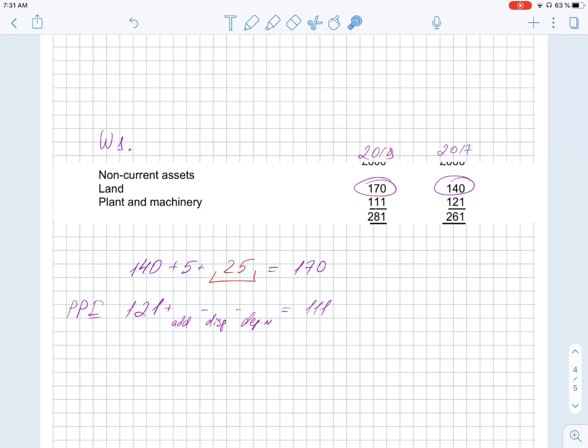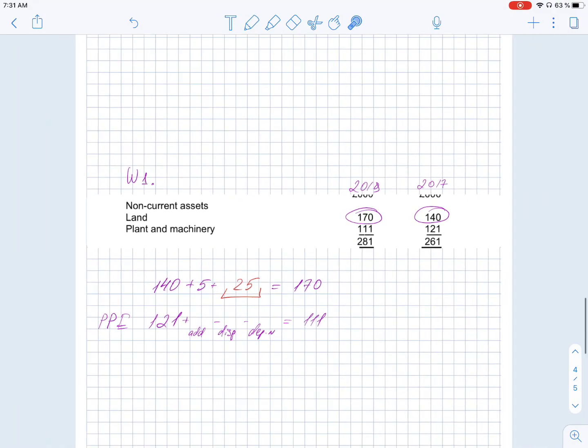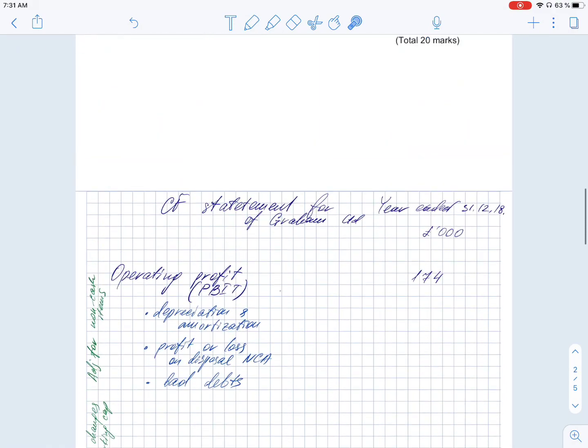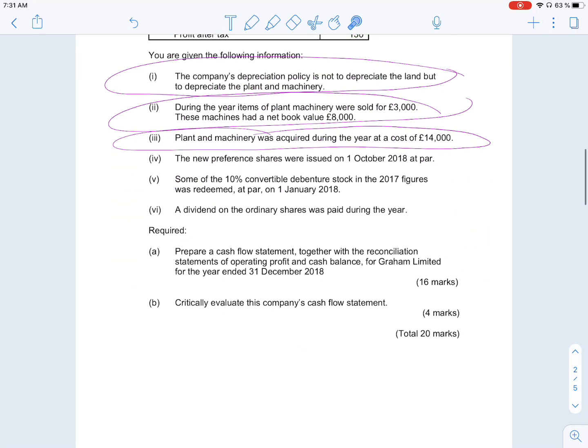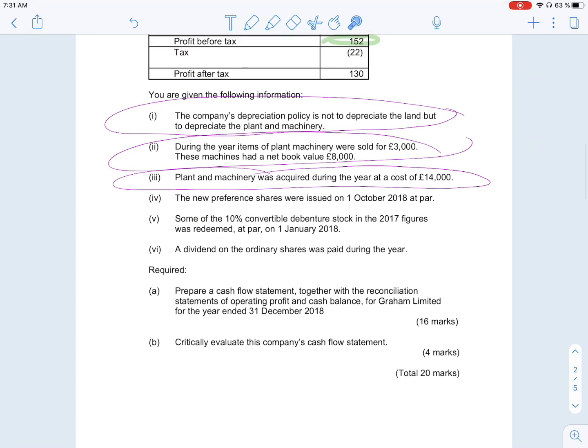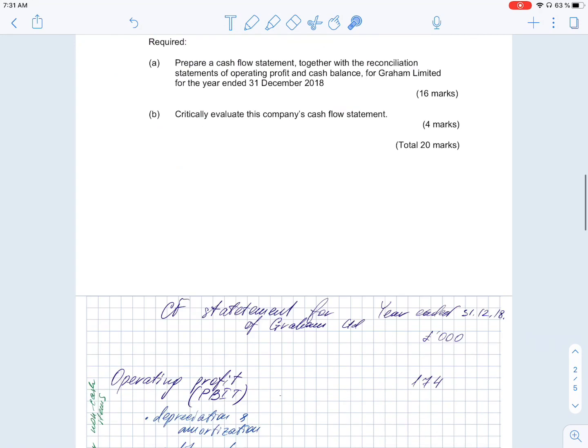So if we consider all additions and disposals during the year, we can easily compute depreciation out of that simple equation. So the net book value of disposals was 8,000. Acquisitions was 14,000. And now we can compute the depreciation.